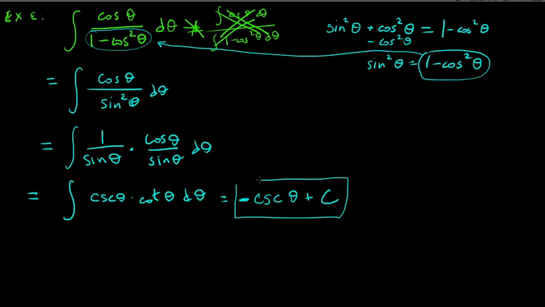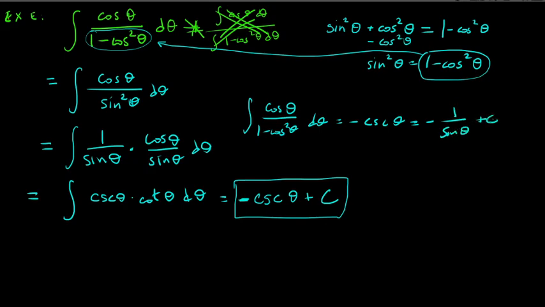There's our answer. This was a tricky one. The integral of cosine theta over 1 minus cosine squared theta, after all that, is just negative cosecant theta, or if you prefer, negative 1 over sine theta, plus c. But that's not obvious. Certainly, just looking at this, you would never suspect that it's something this simple.